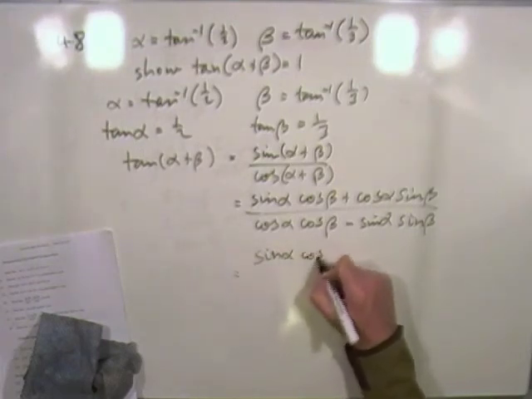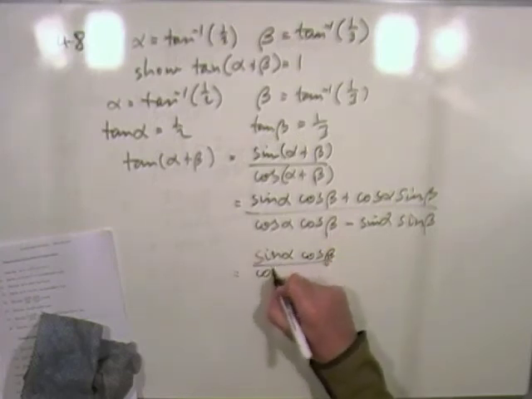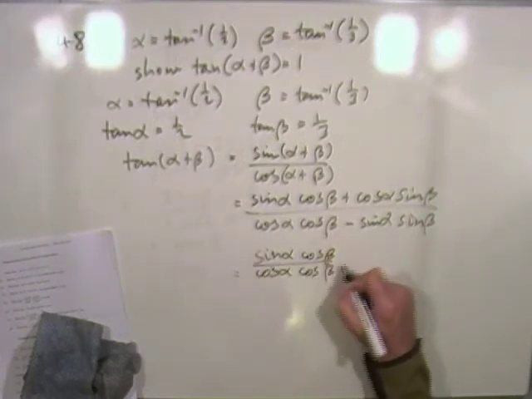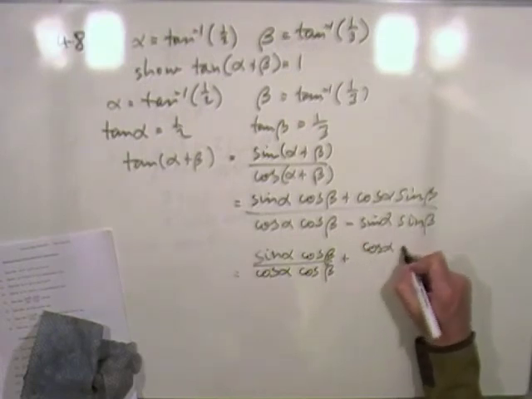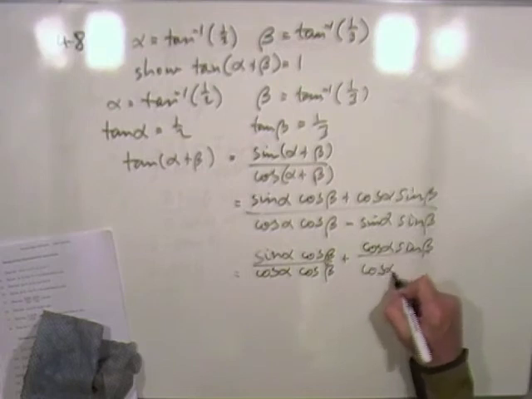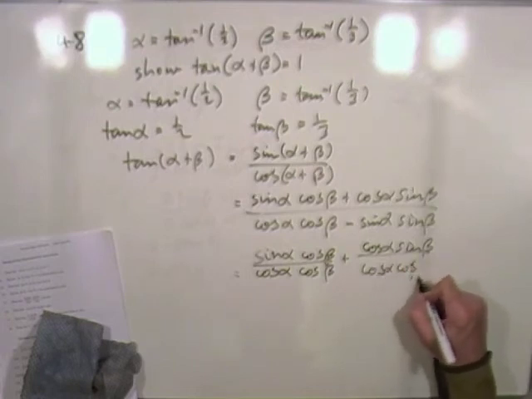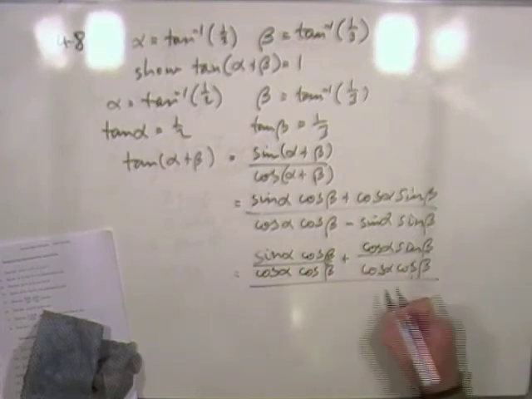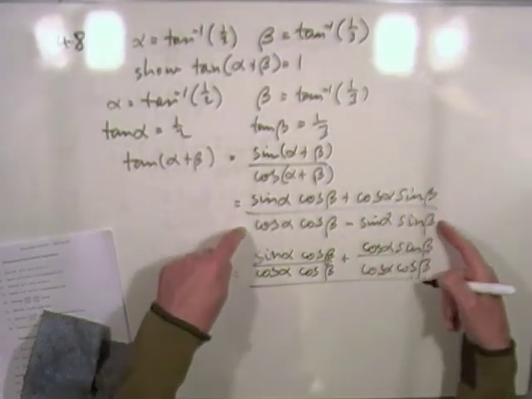Sine alpha, cos beta over cos alpha, cos beta, plus cos alpha, sine beta over cos alpha, cos beta. So it's going to become a chant soon, isn't it? Over. Each of the 4 parts is getting divided.